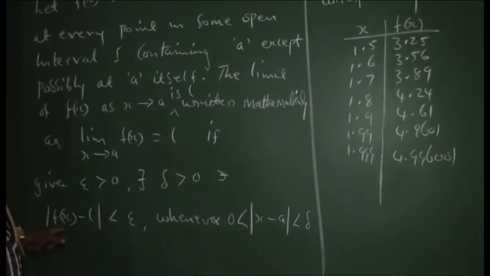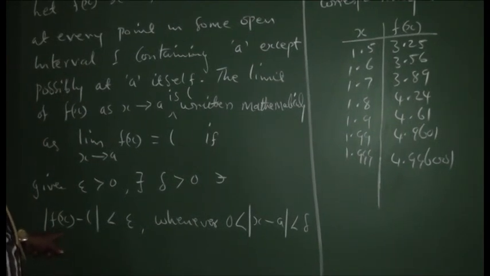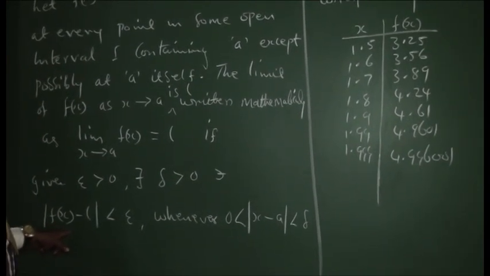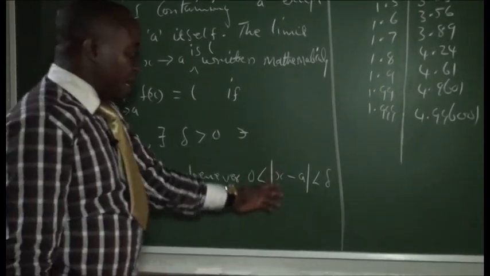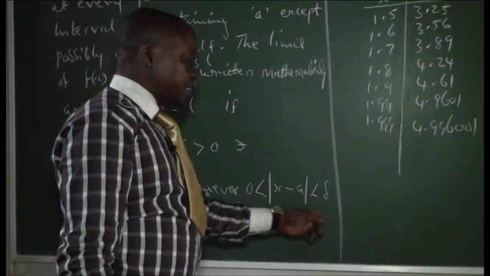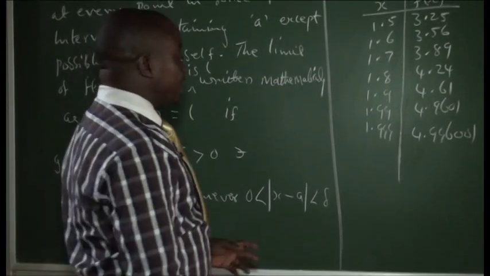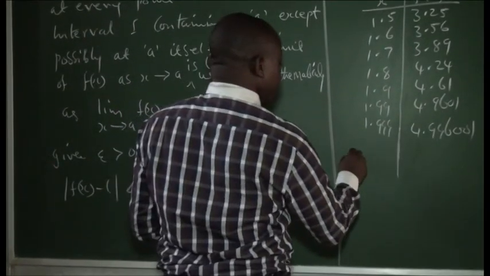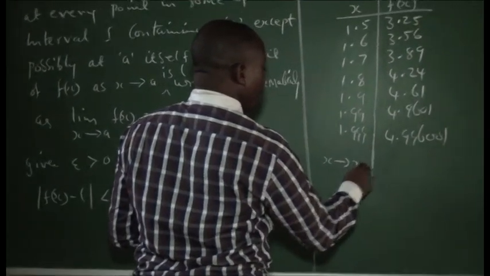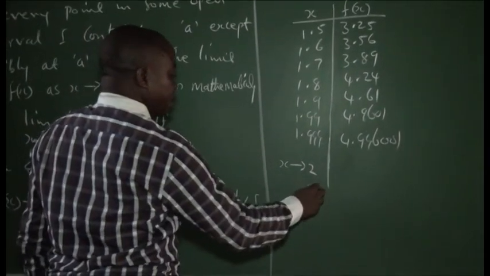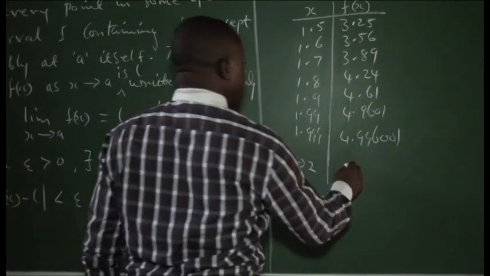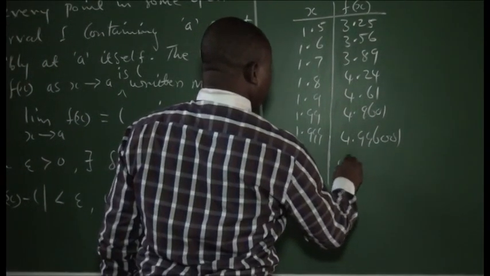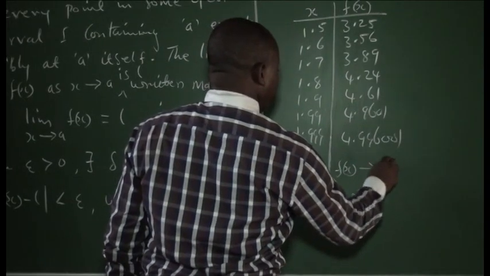such that the absolute value of f of x minus L is less than epsilon whenever the absolute value of x minus a is less than delta. So here x approaches 2. This 2 is like saying a in this context, and f of x approaches 5.